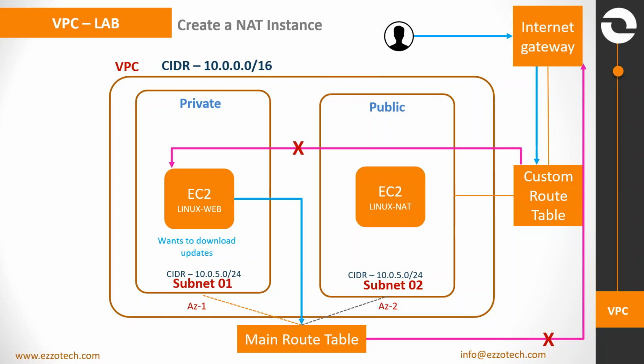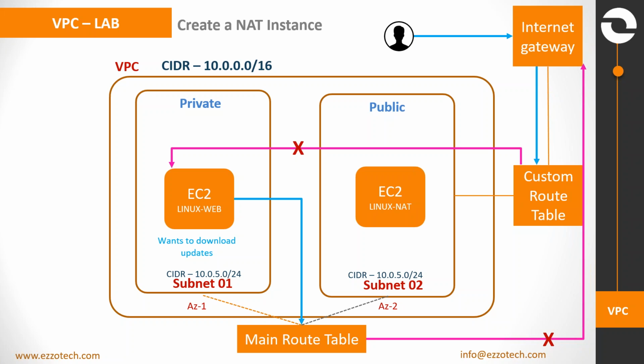I can directly add the route in the main route table, but then the same route will be propagated to both the subnets, and that route will make both the subnets public. But I want to make only subnet 2 public. So in that case, I will create another route table and attach it only to subnet 2, so that only subnet 2 will become public and subnet 1 will remain private.